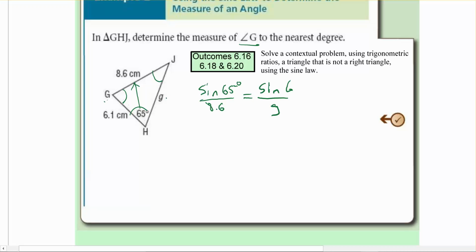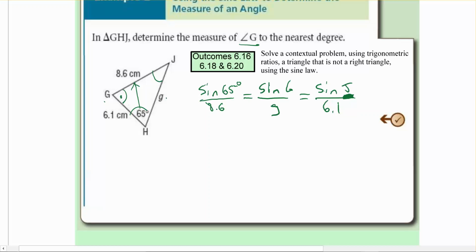We don't know that one or that one, which is equal to, now the last one, sine J over 6.1. So you can see that we can figure out sine J first, and then when we know that, we can figure out, well, I'll show you first. Let's figure out sine J, and then we're going to know two angles, and then we can figure out angle G. Okay, but what we got to do first is this one.